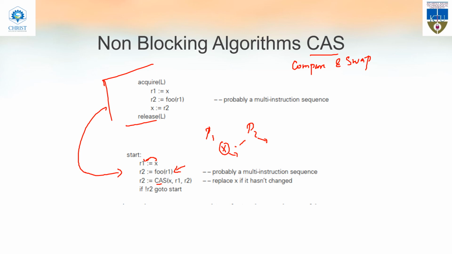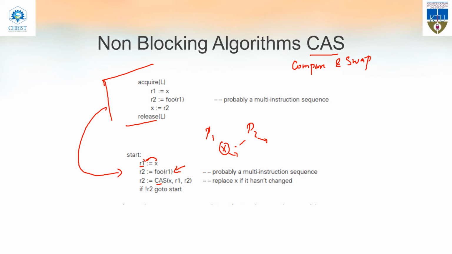After the function gets executed with the value R1, what happens? You know that R1 was the previous value of x, right?